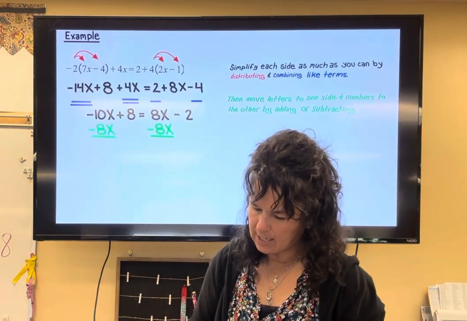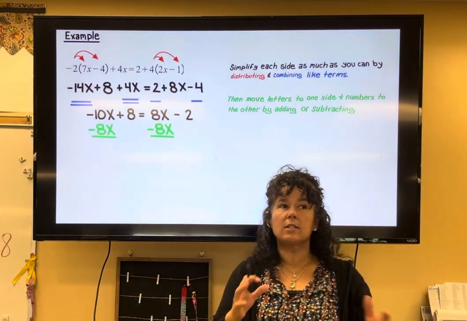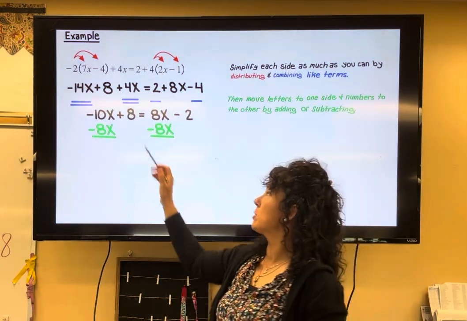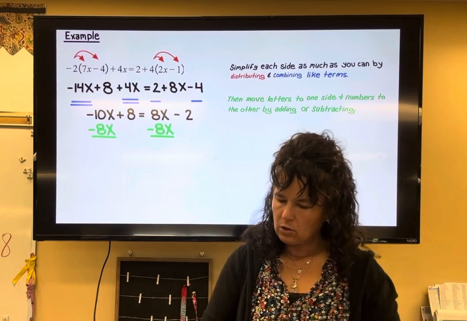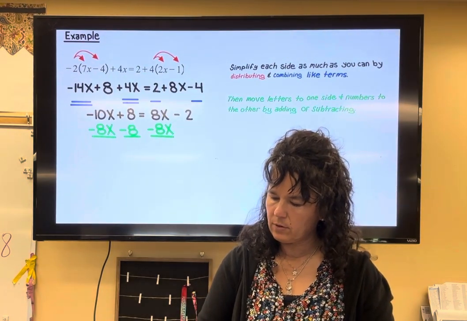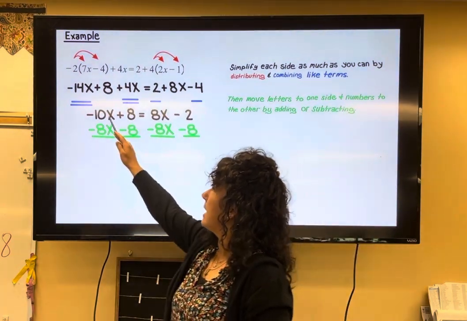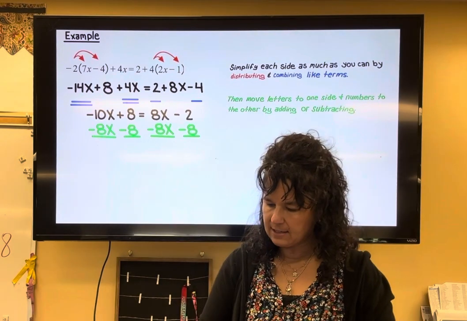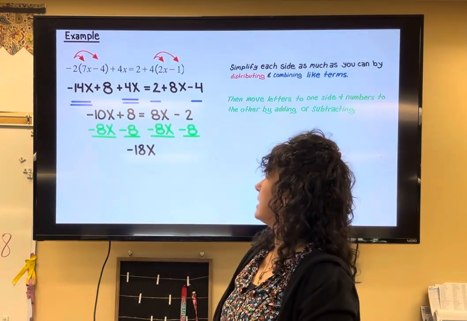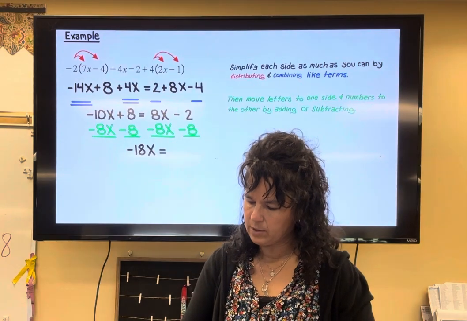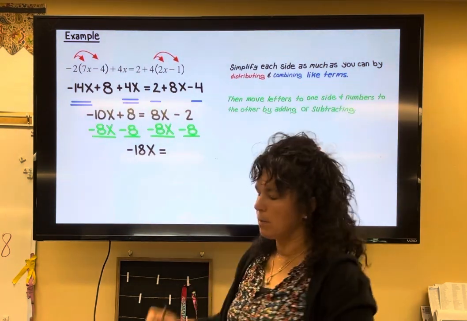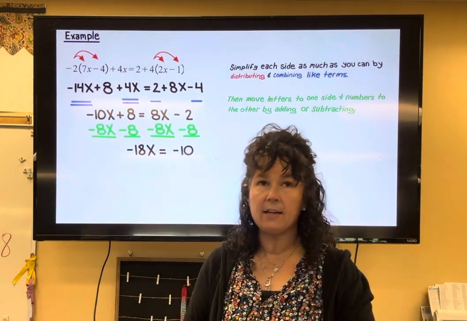What I do to one side, I do to the other. You can do this at the same time, so I'm going to go ahead and move that 8 over. So let's subtract 8 from both sides. Negative 10x's and negative 8x's is negative 18x. Bring down the equal sign. And then negative 2 minus 8 is negative 10.